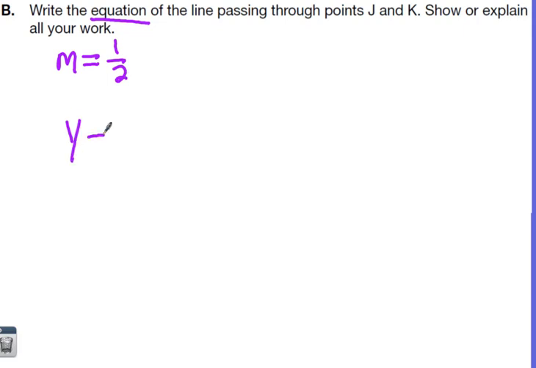I want to talk about using this formula to come up with an equation of a line. Now, this formula is called point slope. This is also on your formula sheet. Guess why it's called point slope?